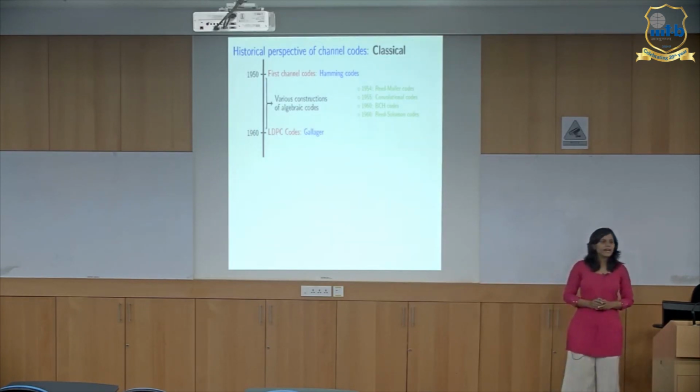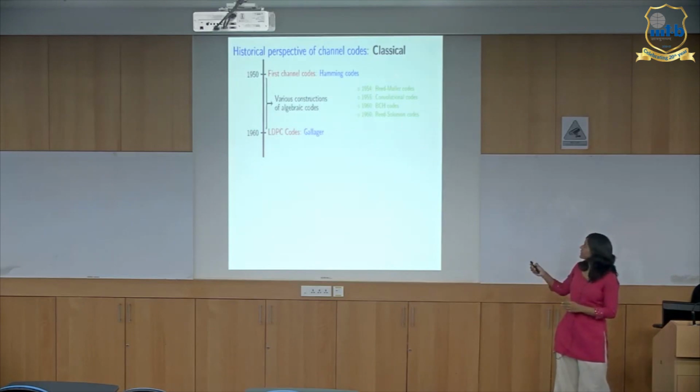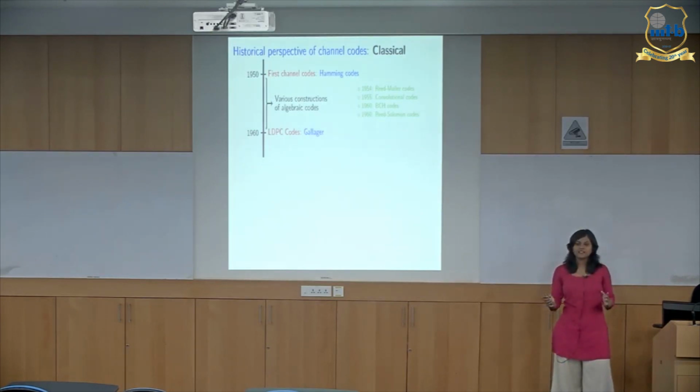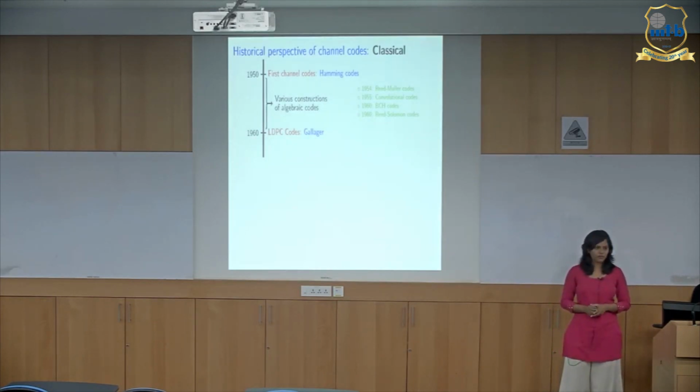The good part about these codes is that their theoretical performance was very close to the capacity as compared to these algebraic codes, but it was not possible to implement these codes with the hardware capabilities available in the 1960s, and this very good family of codes was actually ignored for a long time.